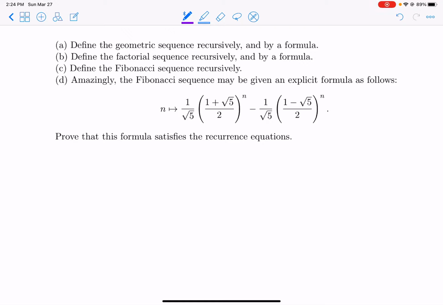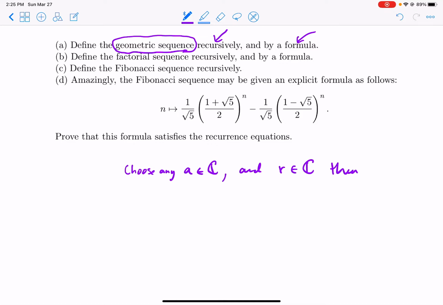Okay, hi everybody. Part A, the geometric sequence. Please define it recursively and by a formula. Well, in the previous problem, we know that if you choose any complex number A and another complex number R, then the formula is that the nth term of the sequence is just A times R to the n.